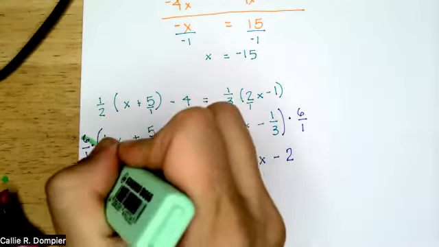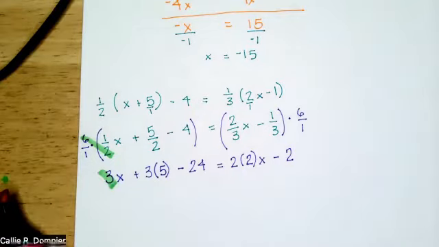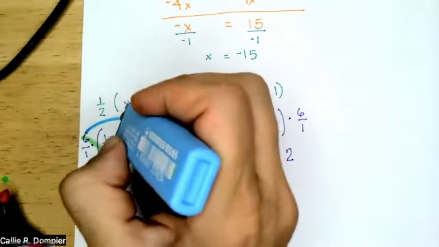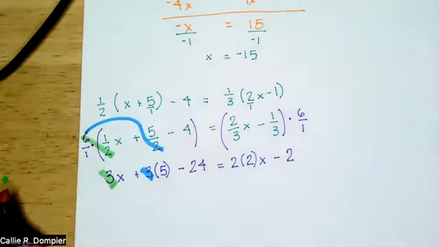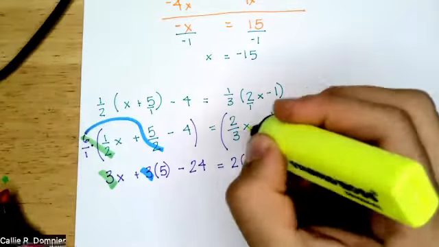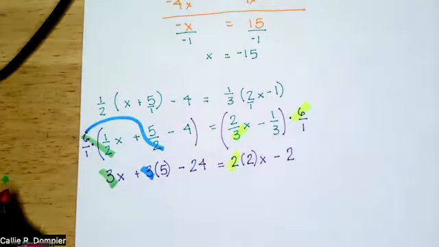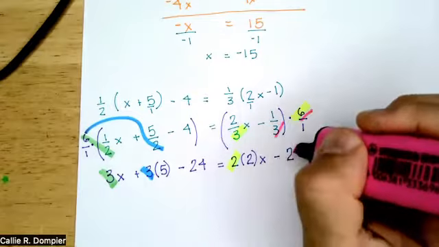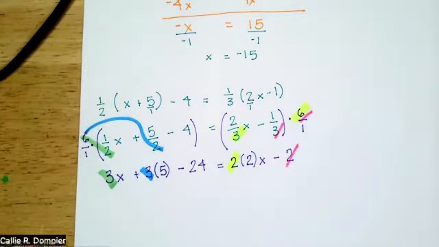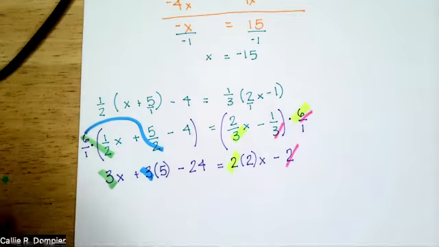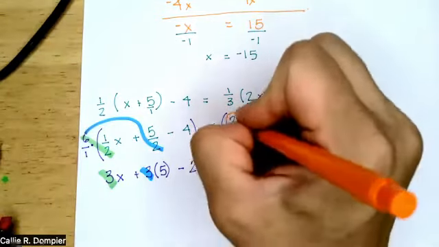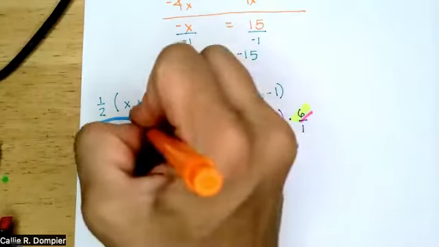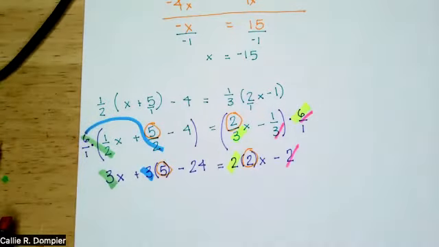So 6 divided by 2 became that 3, and 6 divided by 3 became that 2. This 2's right here, this 5's right here, in case you are confused as to where all of those numbers came from.